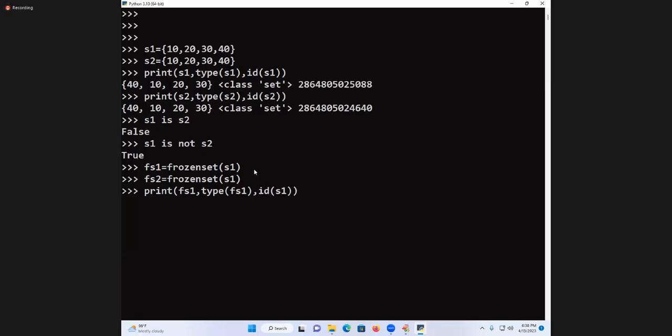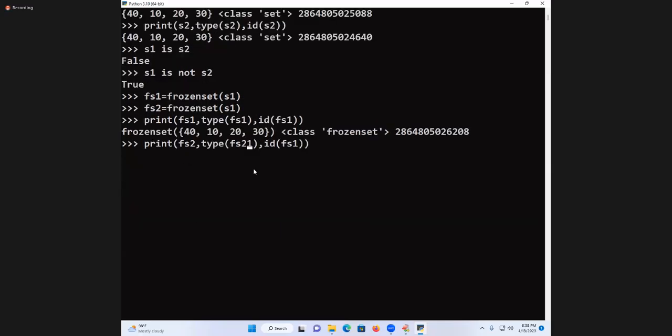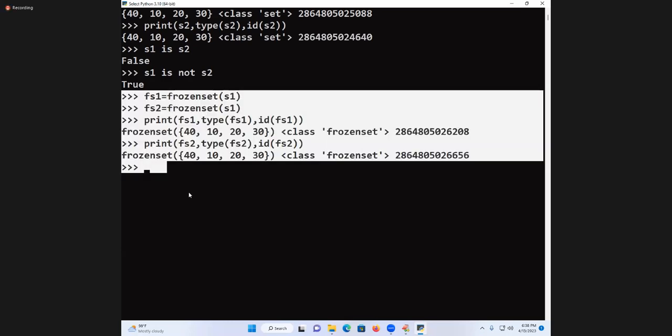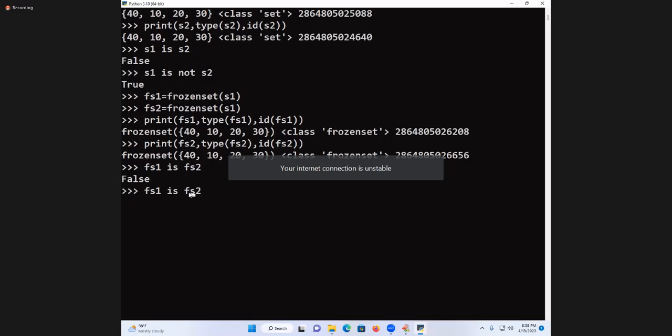Same ID or different ID? Come on. Different ID will be there. FS1 is FS2, false. FS1 is not FS2. This is called like this.